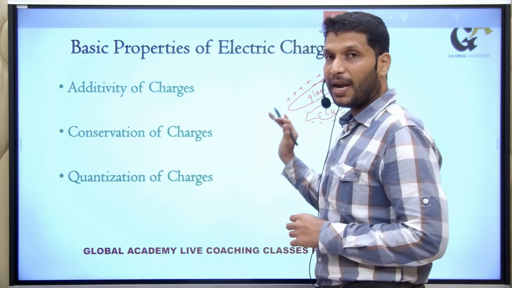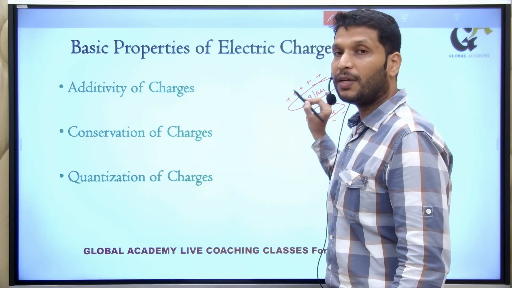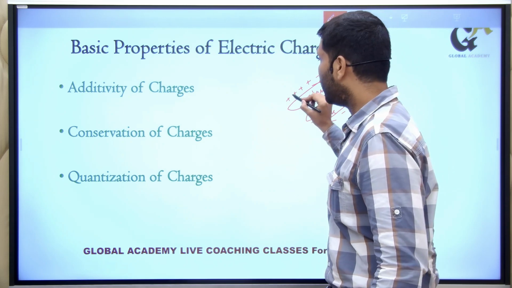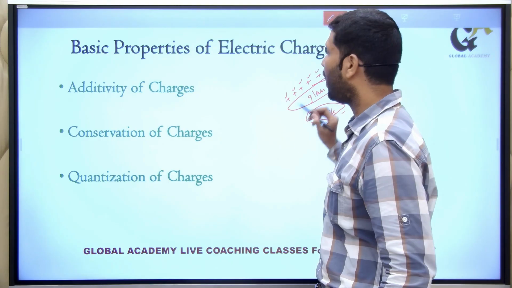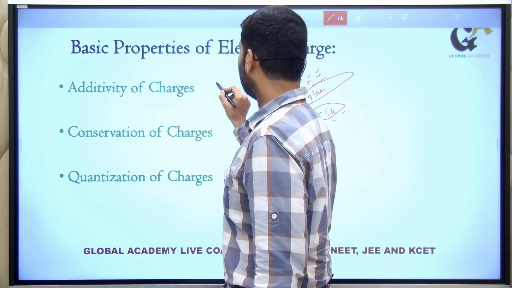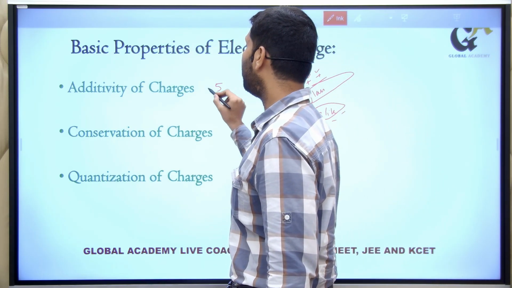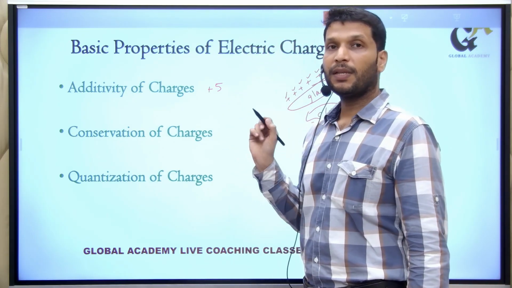What is the total charge on the glass? I have to count 1, 2, 3, 4, 5, so there are a total of 5 plus charges on the glass rod.